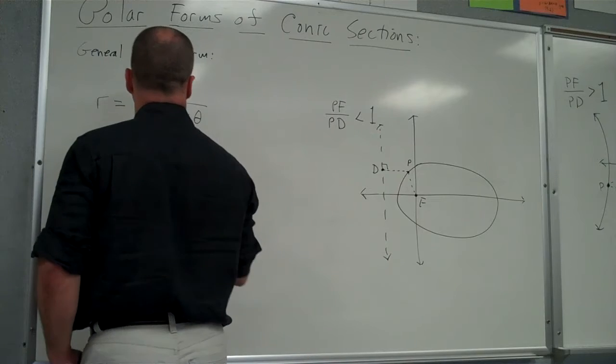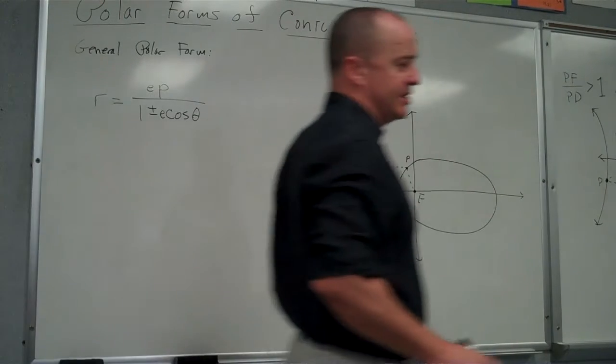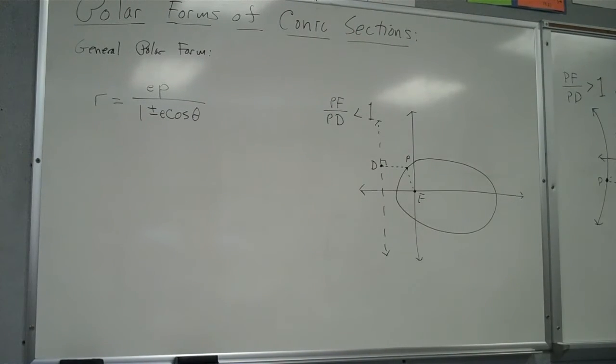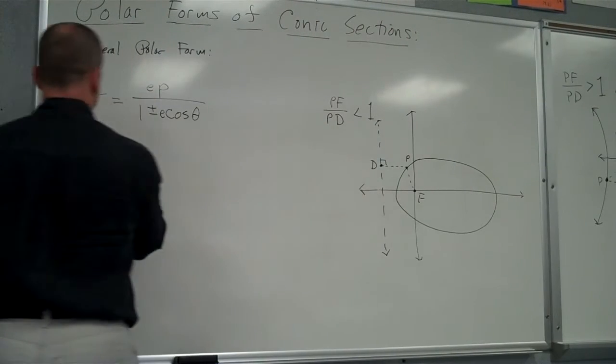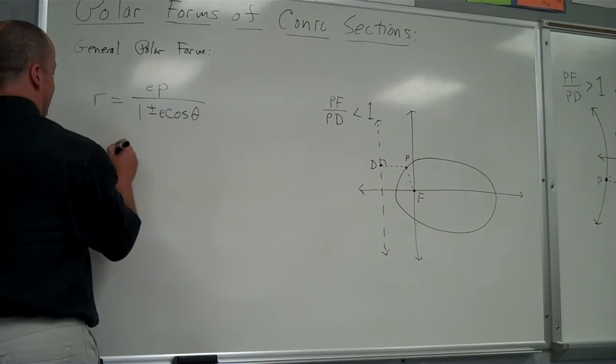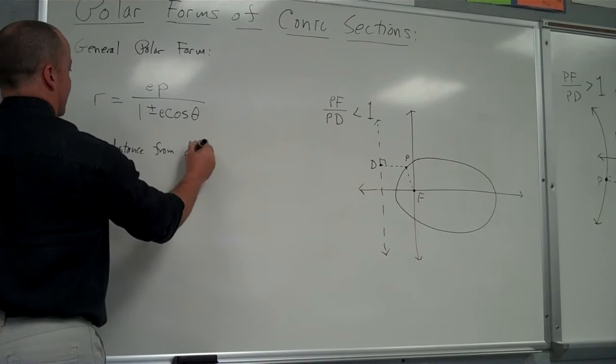What is e? Eccentricity. And P is the distance from the directrix to the focus. Is that an ellipse or a circle?